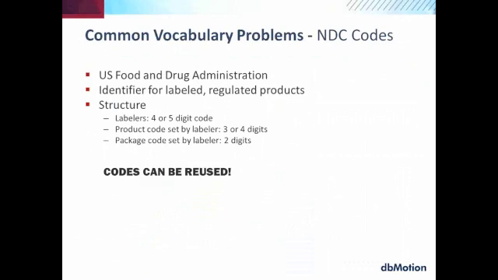So the actual product codes are actually set by the labelers themselves. They have a standard for these codes. They have the 4 or 5-digit code for the labeler, the product code itself is 3 or 4 digits, and the package itself has 2 digits.